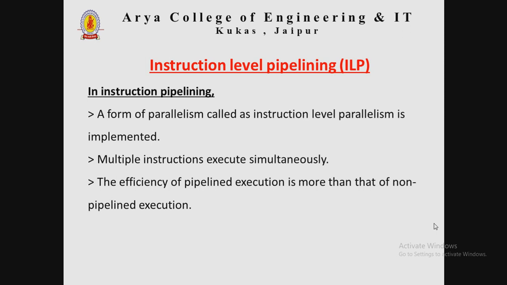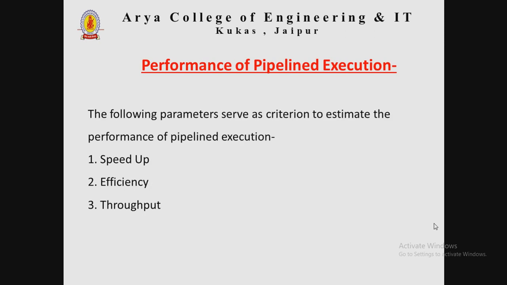The efficiency of pipeline execution is more than that of the non-pipelined execution, which means that instruction level pipelining is more efficient, and it also defines the performance of pipeline execution. There are some parameters to measure the performance of pipeline execution.